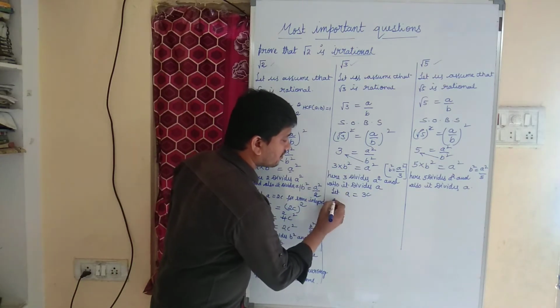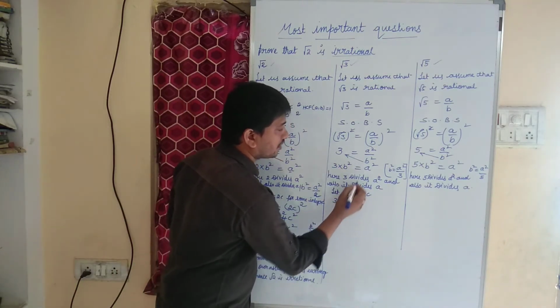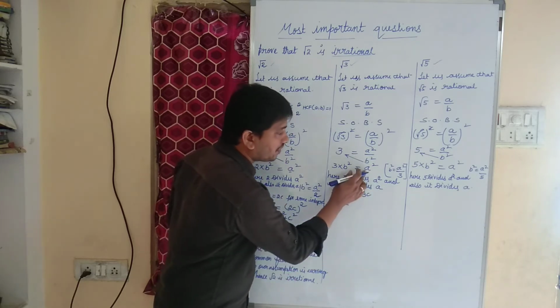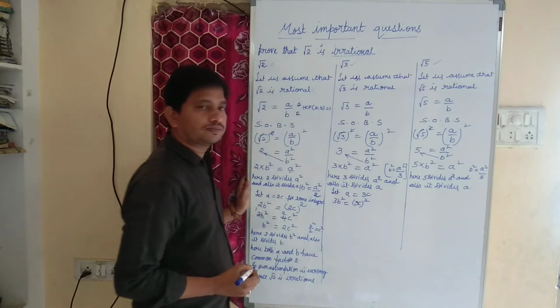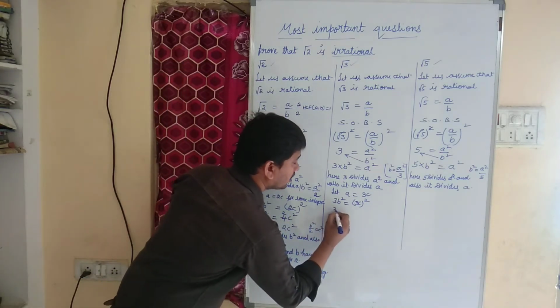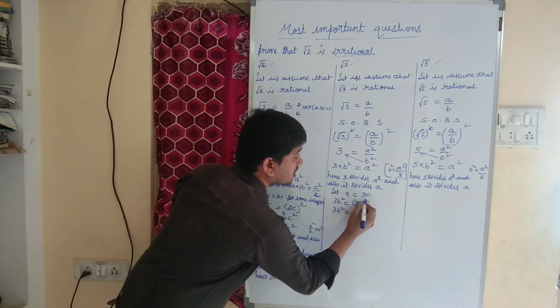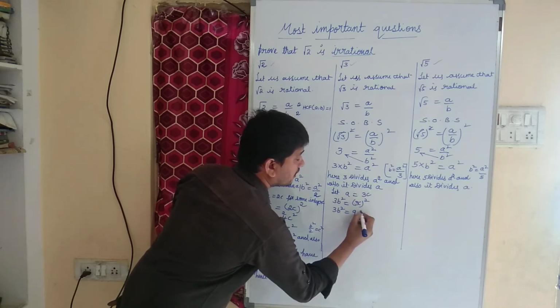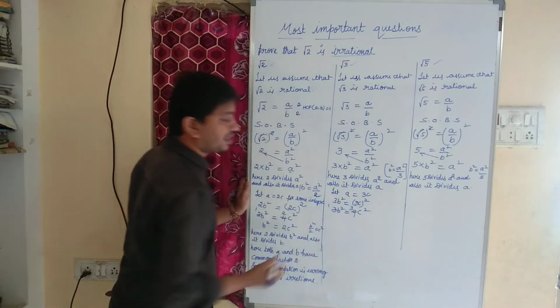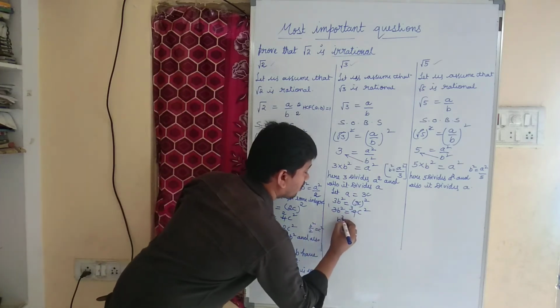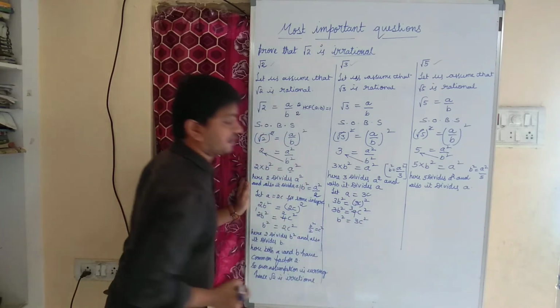So 3 into b squared, 3b squared equal to, in place of a we substitute 3c, 3c whole squared. So 3b squared equal to 3 squared, 9c squared. So 3 table: 3 ones are 3, 3 threes are 9. What we got? b squared equal to 3c squared.